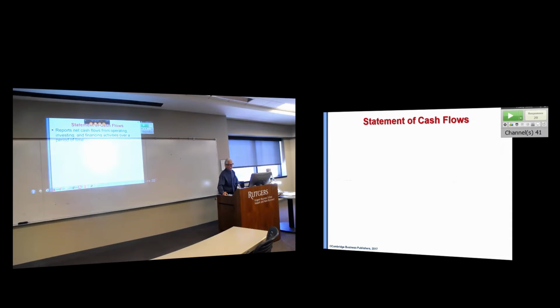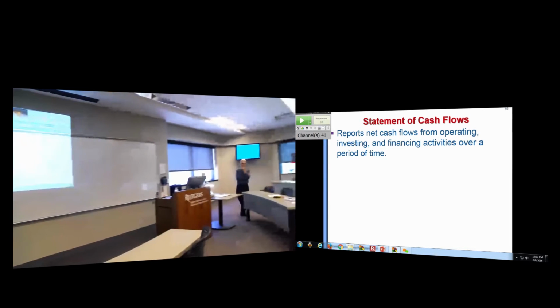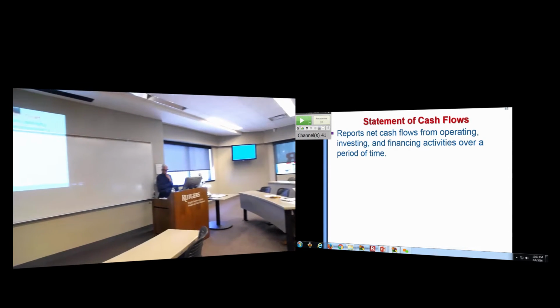That's page 45. So this will be the net cash flows from the 3 cycles. You can see how much cash you generated from operating, how much cash you generated from investing, and how much cash was generated or used for financing over a period of time.